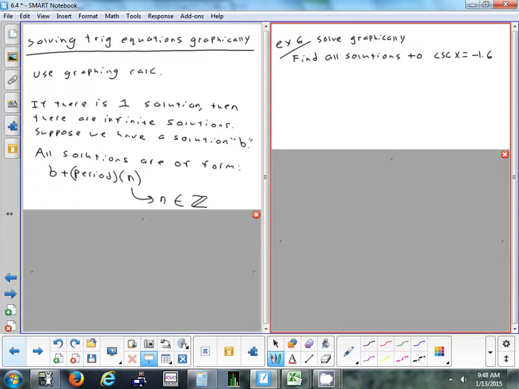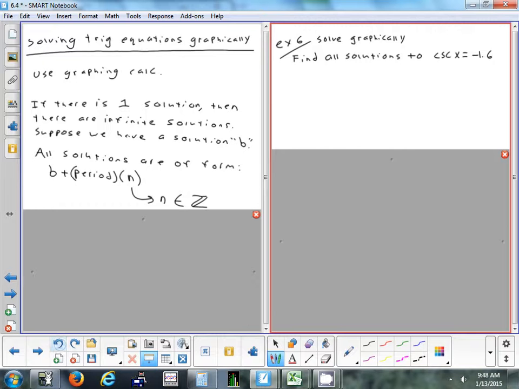Tangent, in fact, your horizontal line, no matter where you put it, is only going to hit it once. So tangent, you won't have to worry about more than one. Same with cotangent, and same with secant and cosecant. You've got U shapes and N shapes, but no matter where you put a horizontal line, well, there could be no solution. But at most, it's only going to hit it twice. Could hit once if it was just tangent to that minimum or maximum.